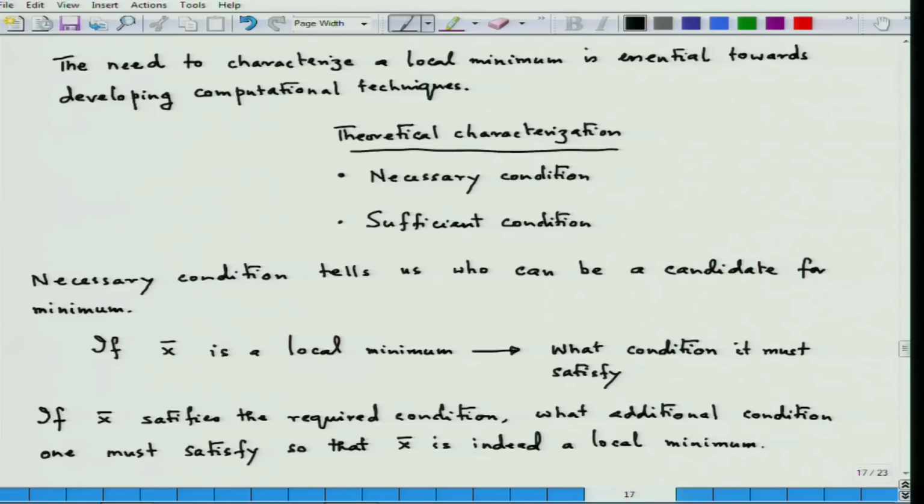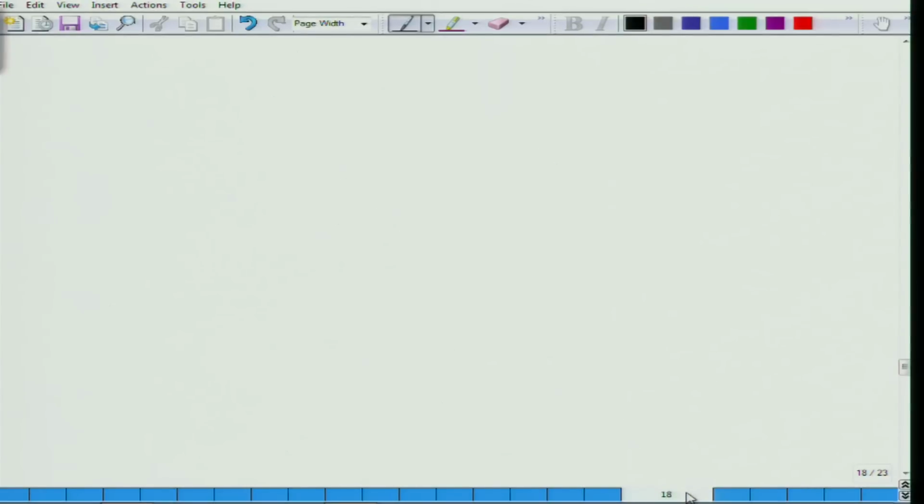Now, once you know this, let us lay out our job properly. Our first job is to find the necessary condition.